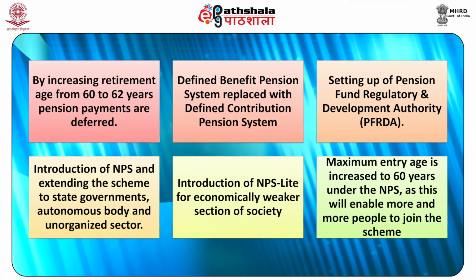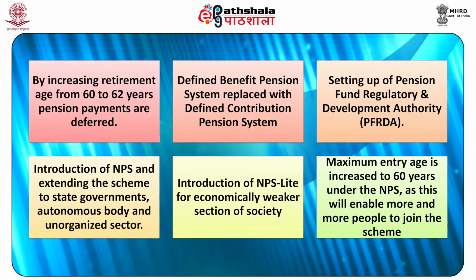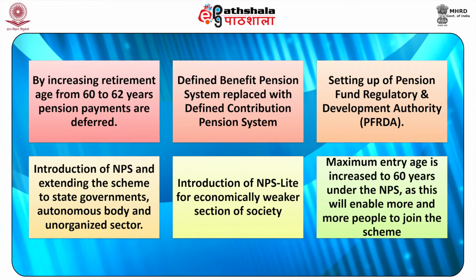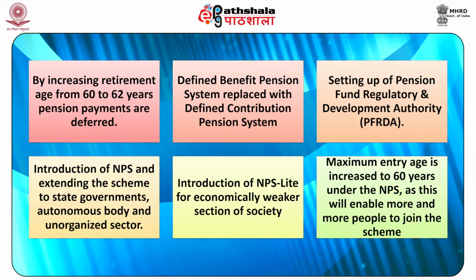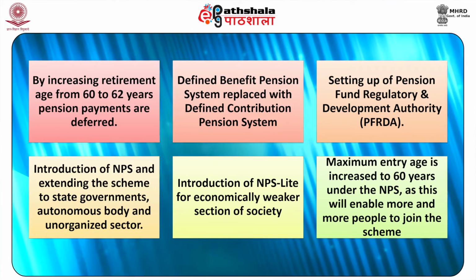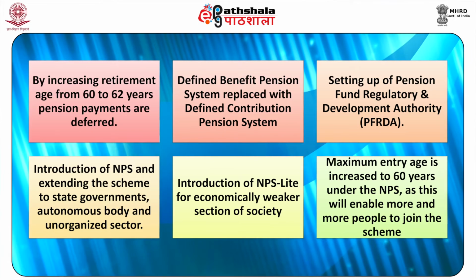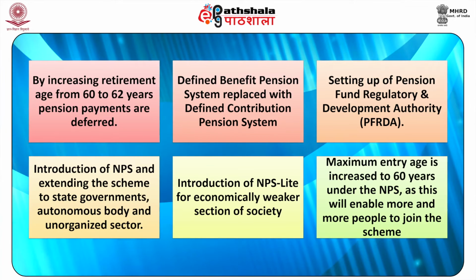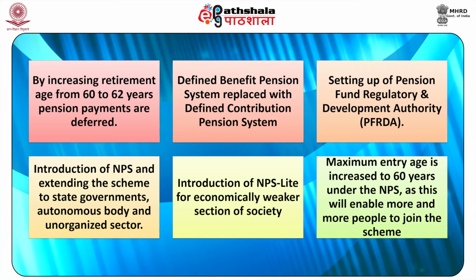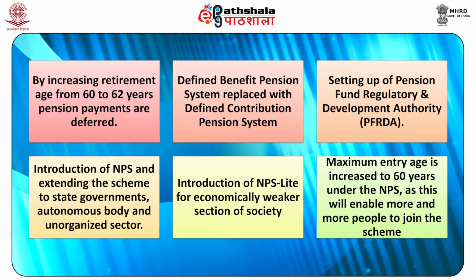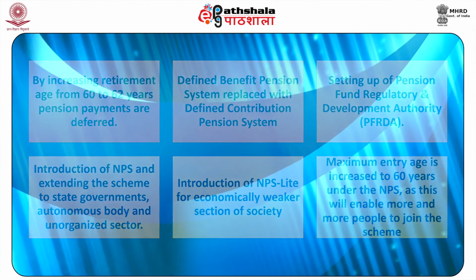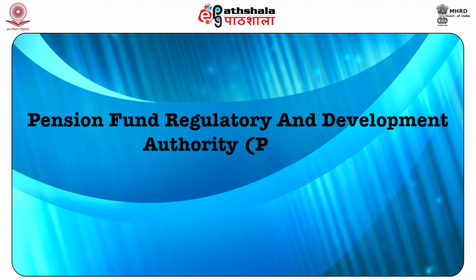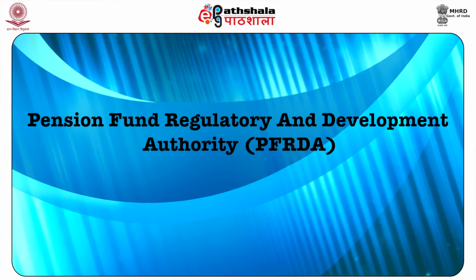Introduction of NPS and extending the scheme to state governments, autonomous bodies and unorganized sector. 5. Introduction of NPS Lite for economically weaker section of society. 6. Maximum entry age is increased to 60 years under the NPS, as this will enable more and more people to join the scheme. Pension Fund Regulatory and Development Authority, PFRDA.